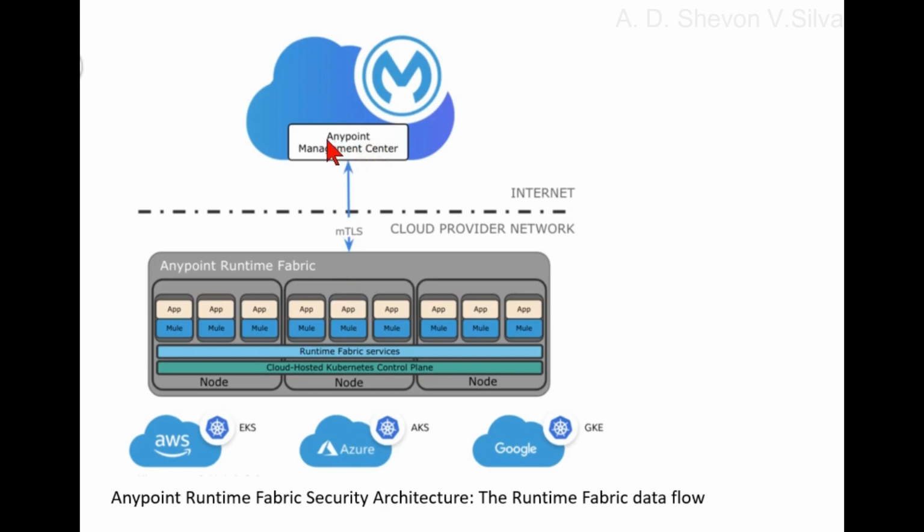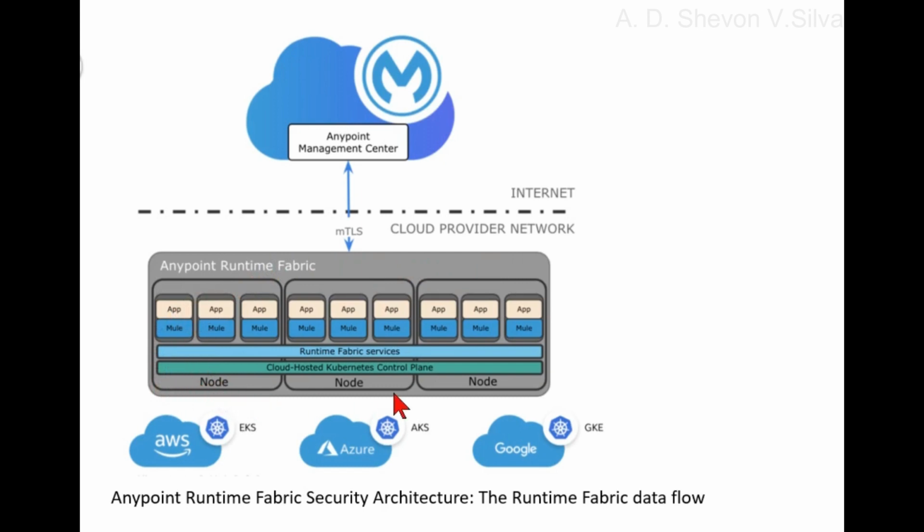Here you can see Anypoint Management Center is on the internet, and Anypoint Management Center is connected to Anypoint Runtime Fabric via MTLS. Anypoint Runtime Fabrics are in the cloud provider network. Here you can see apps and Mules are inside nodes.